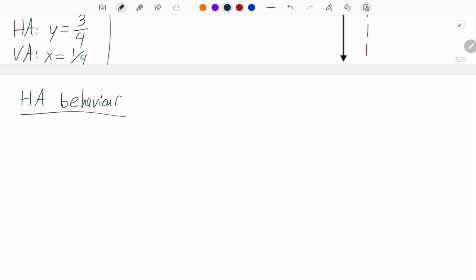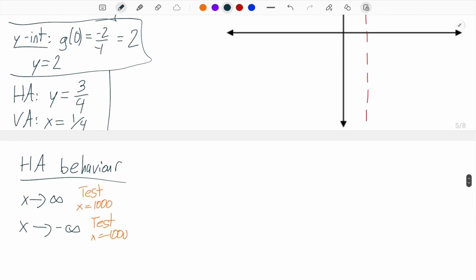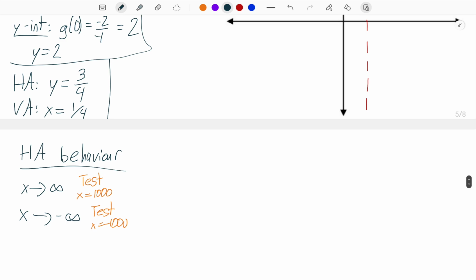All we need to know is what's happening as you go to infinity and as you go to negative infinity. All I'm going to do is test some large number, so I'm going to test 1,000 or negative 1,000, and plug it into your function and see, are you above or below whatever the value of the horizontal asymptote is? So are we going to be bigger than 3/4 or smaller than 3/4?